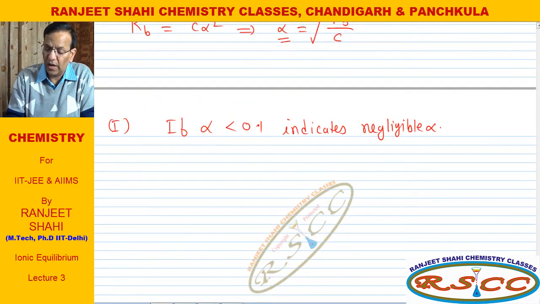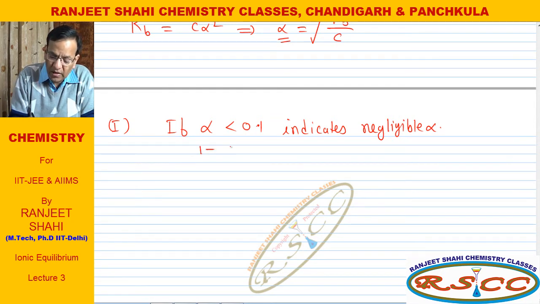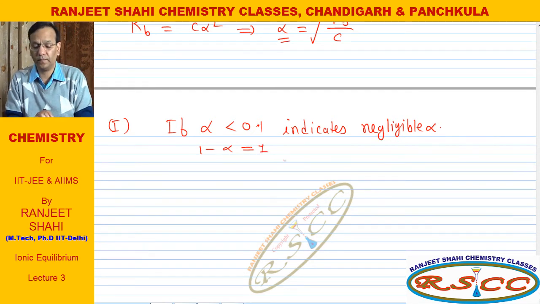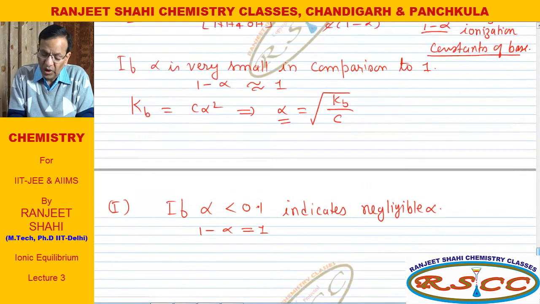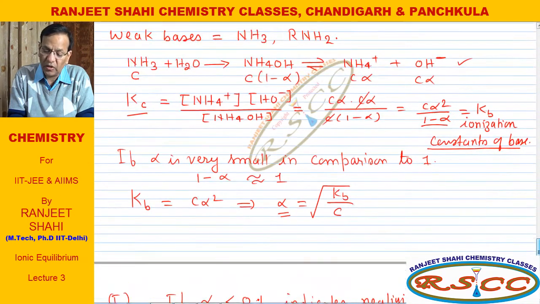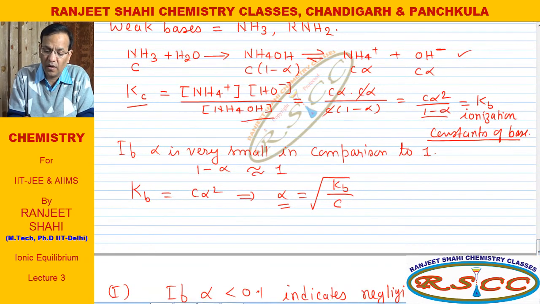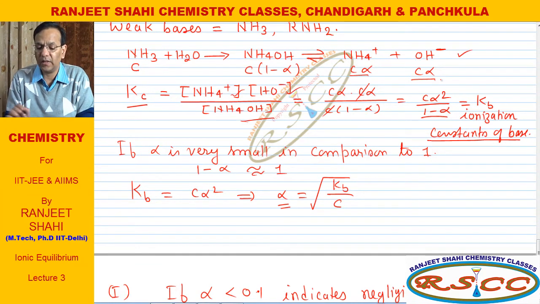With this assumption, when alpha is negligible, 1 minus alpha can be taken equal to 1. Now, if we substitute this in the expression, the concentration of ammonium ion and the concentration of hydroxide ion are the same.